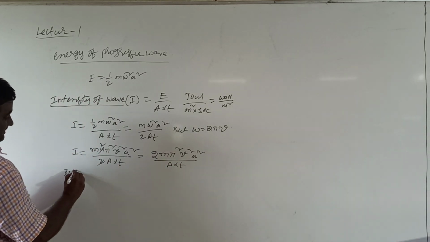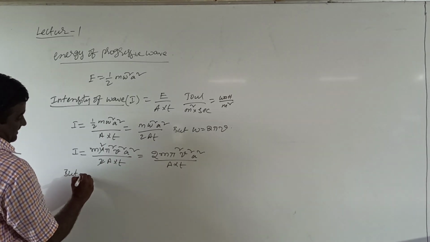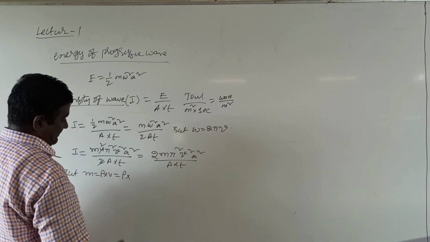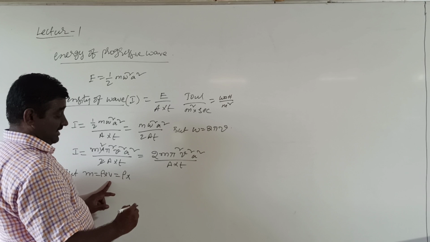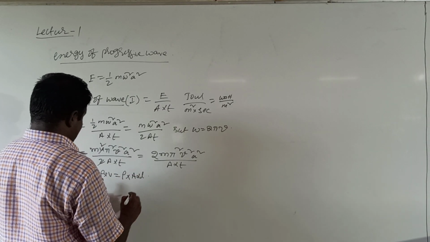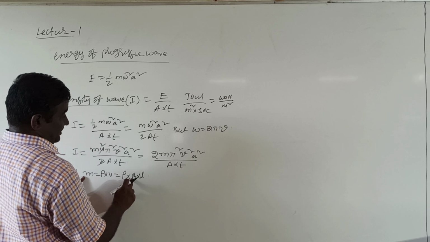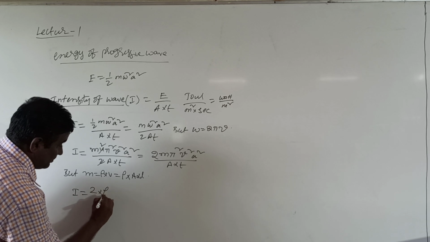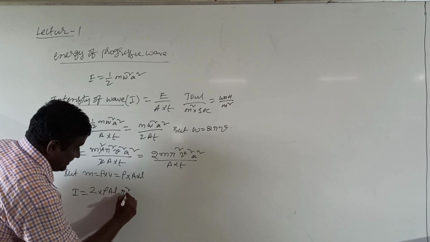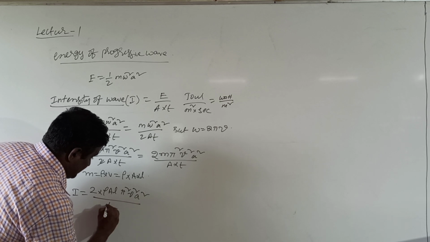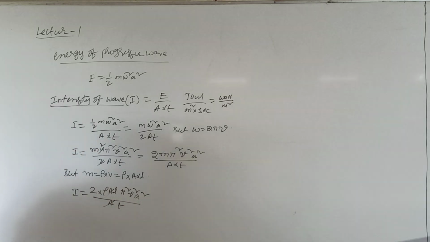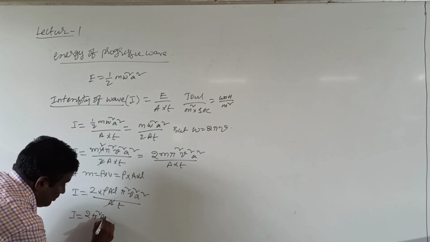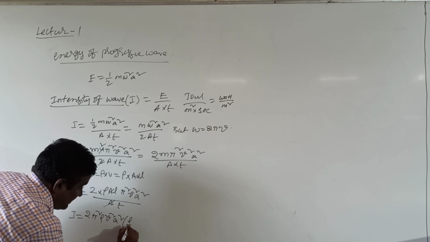Here m is the mass of the particle in the propagating medium, m equals density into volume. We substitute rho into A into L, then the intensity of the wave I equals 2 into rho A L into pi square nu square a square by A into t. Here A is cancelled, then I equals 2 pi square rho nu square a square into L by t.